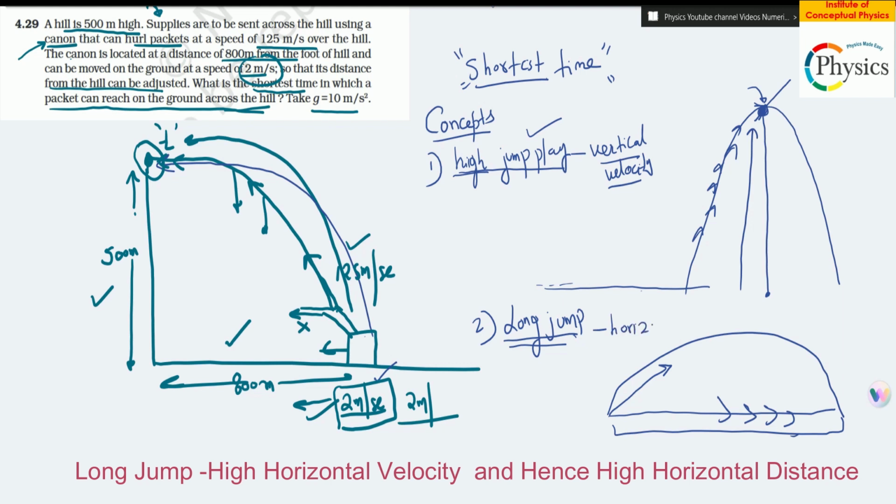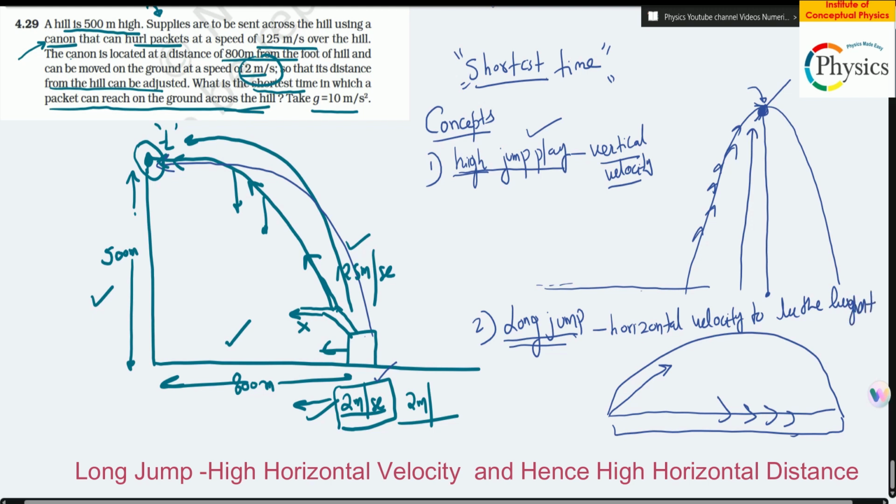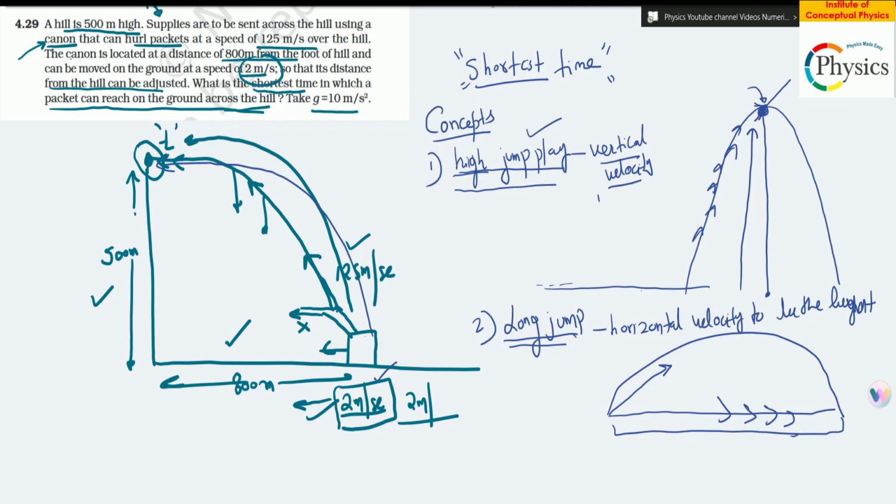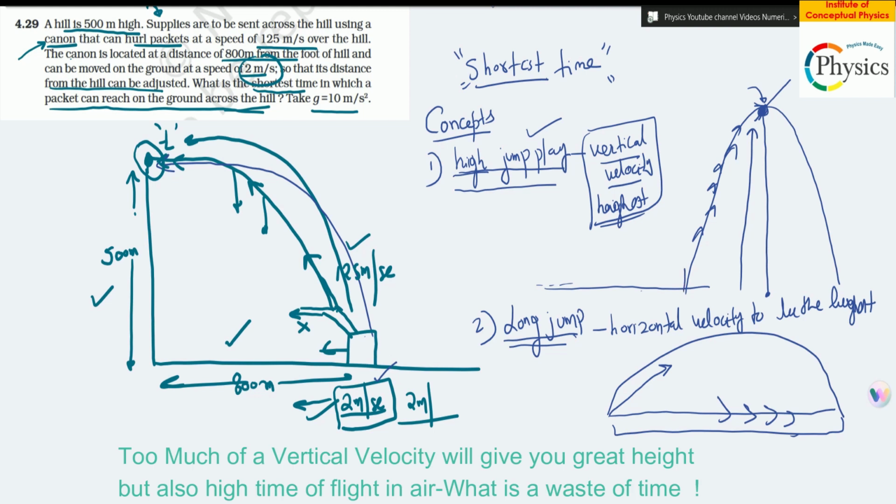So they want the horizontal velocity to be the highest, whereas a high jump player wants the vertical velocity to be highest. But if you make your vertical velocity very high, your time of flight above the pole will go up, so you will stay in the air for very long.